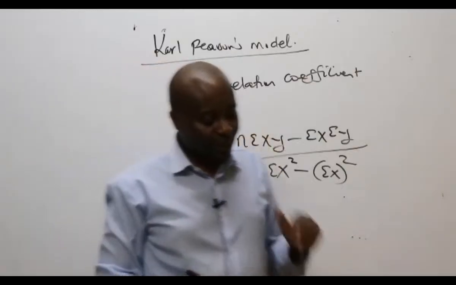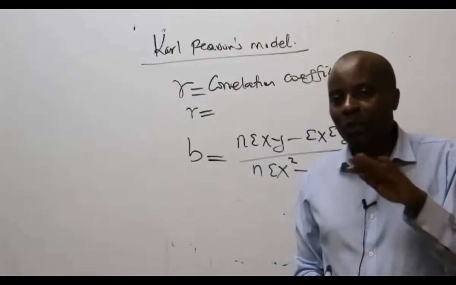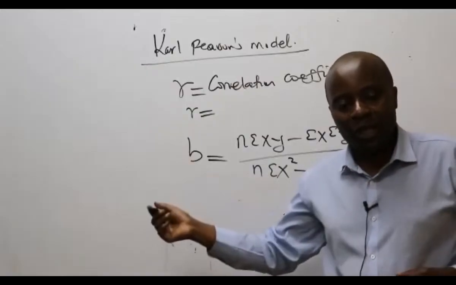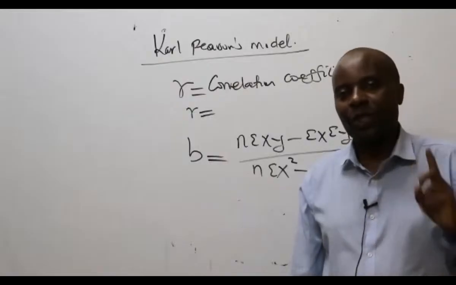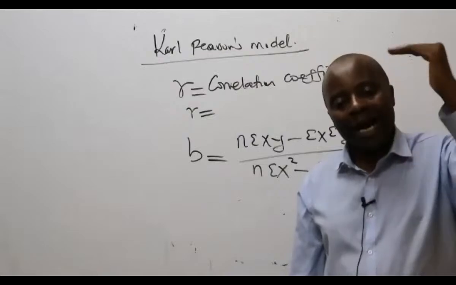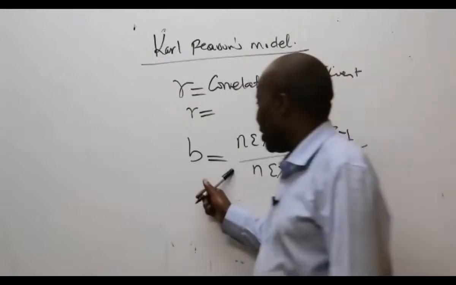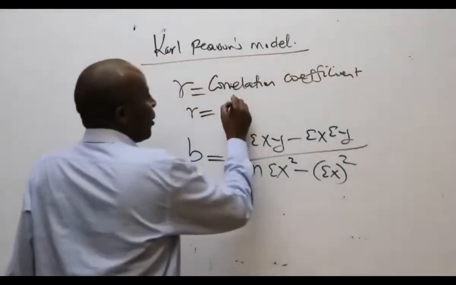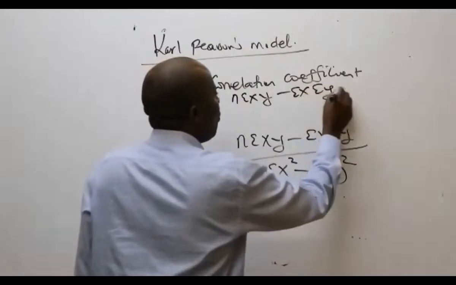Ladies and gentlemen, let me repeat this. I may forget many of these formulas, but one thing that will never escape my memory is that the numerator of R is the same as the numerator of B. So we have here n summation of xy minus summation of x, summation of y, all over.